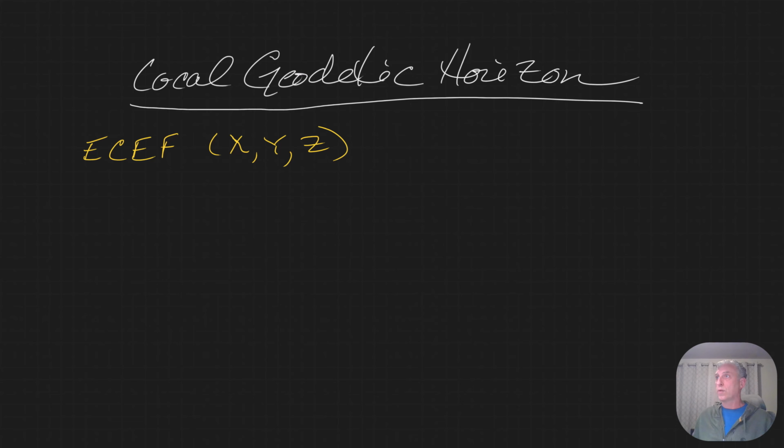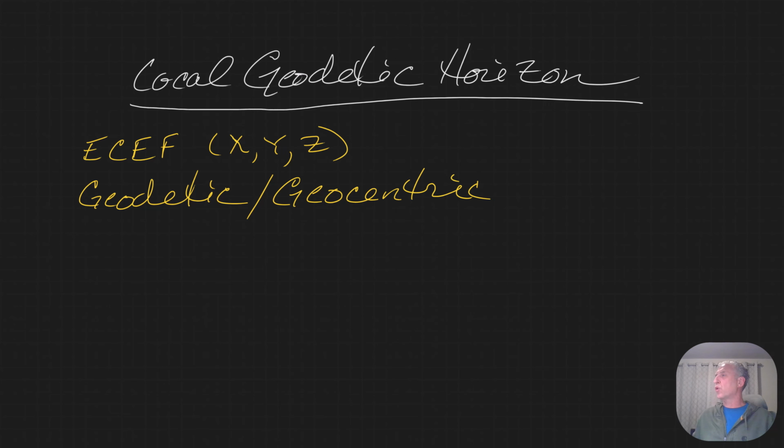And then we've also looked at geocentric and geodetic coordinates. And just for the geodetic case, that was phi or latitude, geodetic latitude, longitude, and height, ellipsoid height.